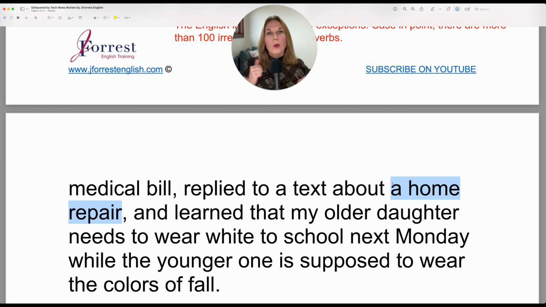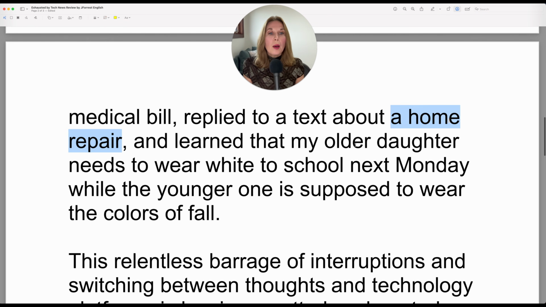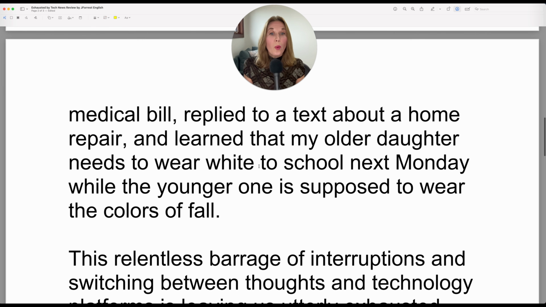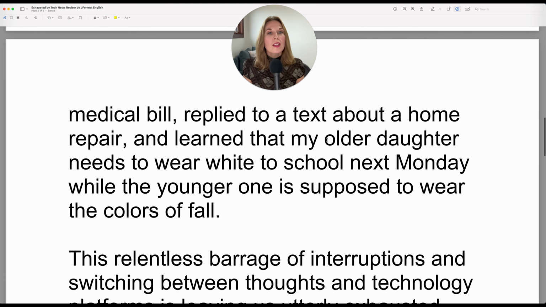It could be a broken window, your door won't lock, the faucet is leaking, could be anything. So something you need to fix in your home. And learned that my older daughter needs to wear white to school next Monday. So notice older daughter. In American English, we really don't use the word elder in our everyday speech.